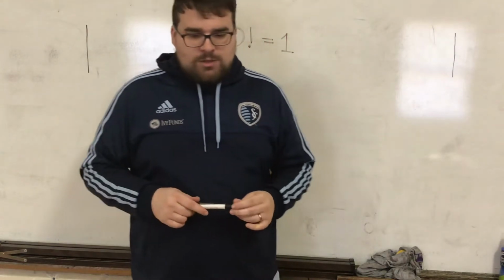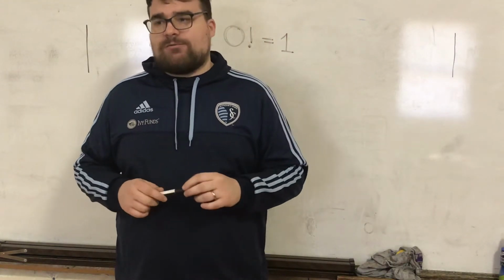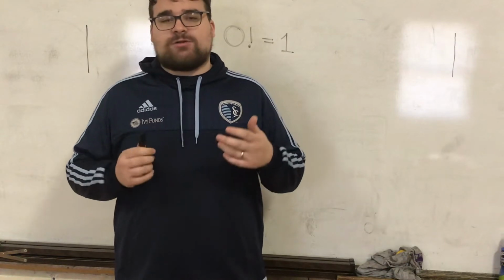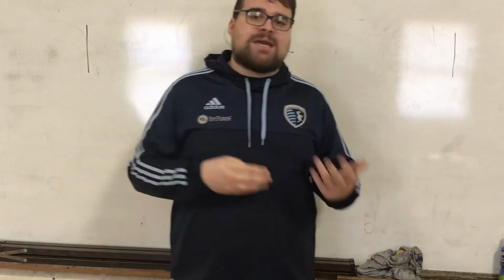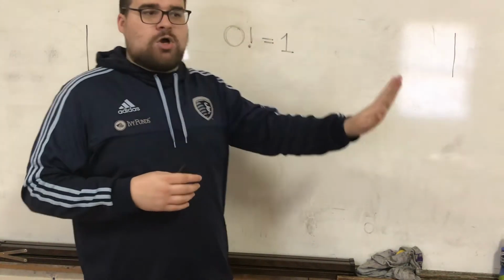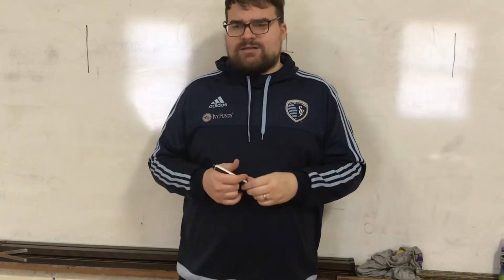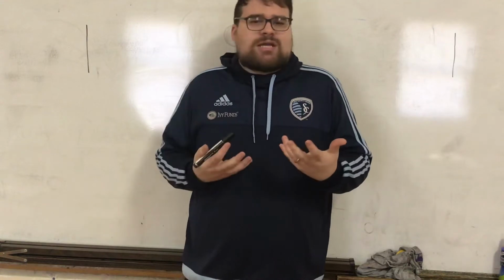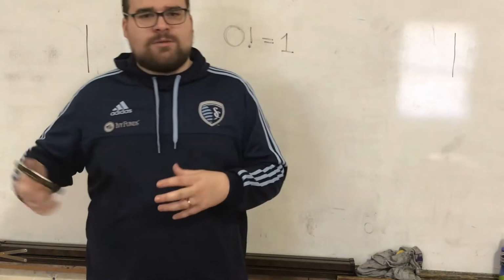However, the reason factorials exist is for us to figure out how many different groups or combinations of something you can make from this number on down. I know that seems weird, but it's just kind of the reason we do it, and you'll see that more once we get into permutations today.